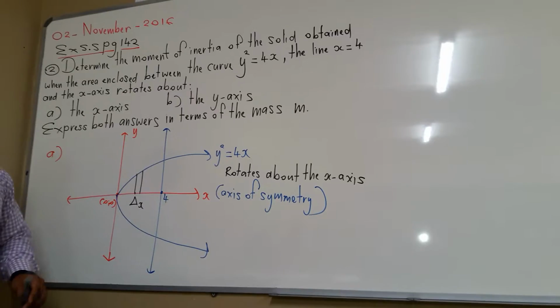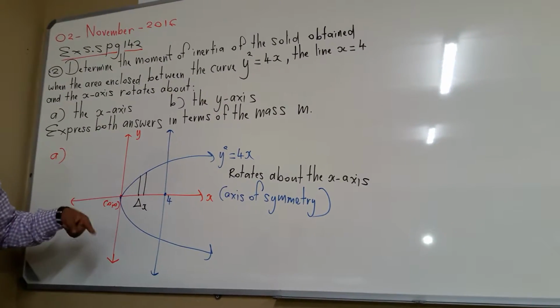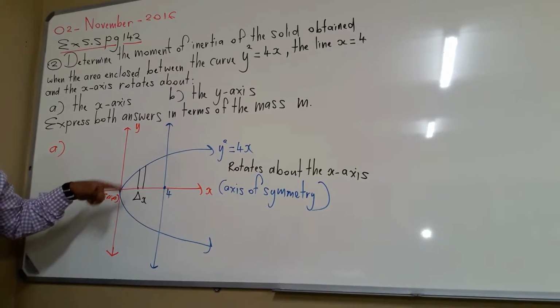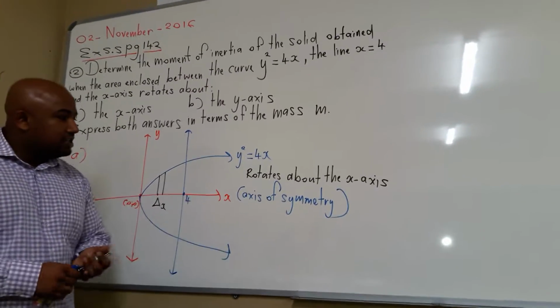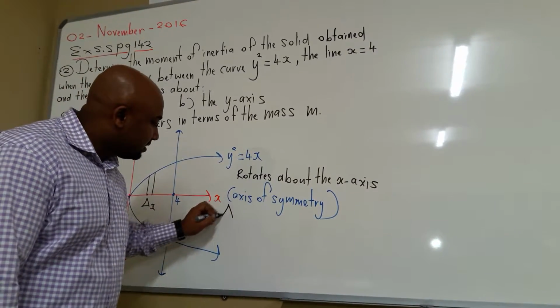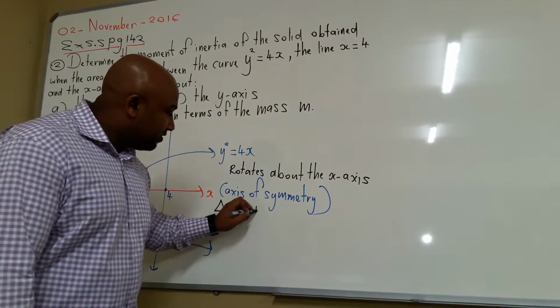Okay, so what will your radius be now when we are rotating around the x-axis? Your radius will be in terms of y. Right, so now I chose delta x. So I know delta x is perpendicular to the reference axis.